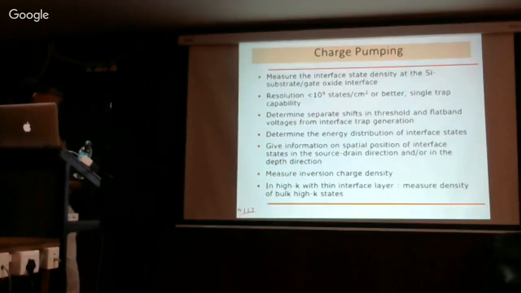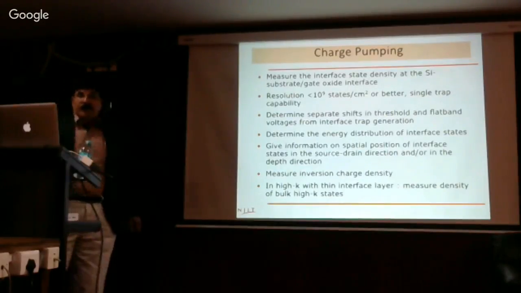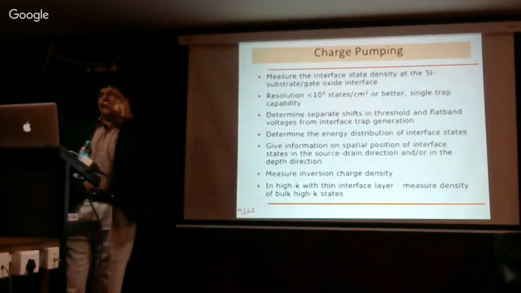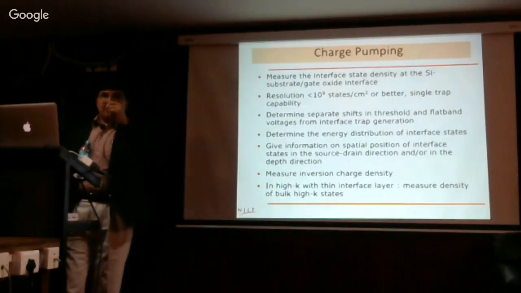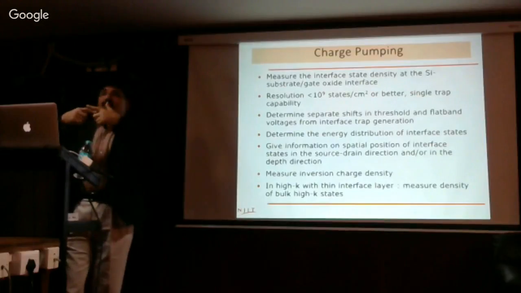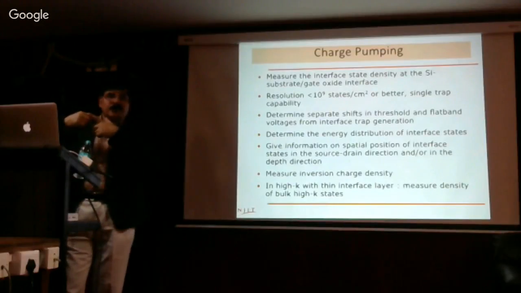And then measure the inversion charge density, and in high K with a thin interface layer, measure the density of bulk high K states. That means if you do a thin silicon dioxide and deposit high K, by adjusting the frequency of measurement, you can look from the interface towards the high K. So people actually use charge pumping to look at the silicon dioxide and high K interface.